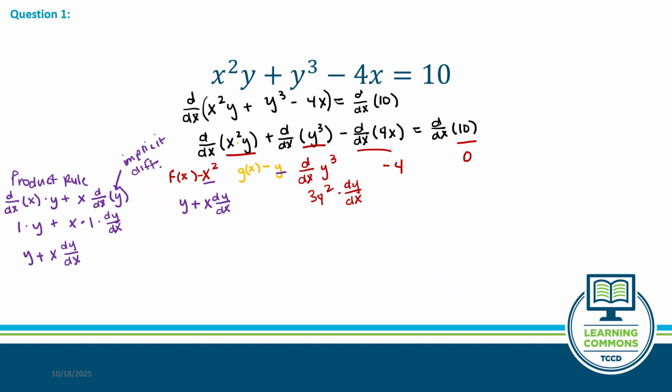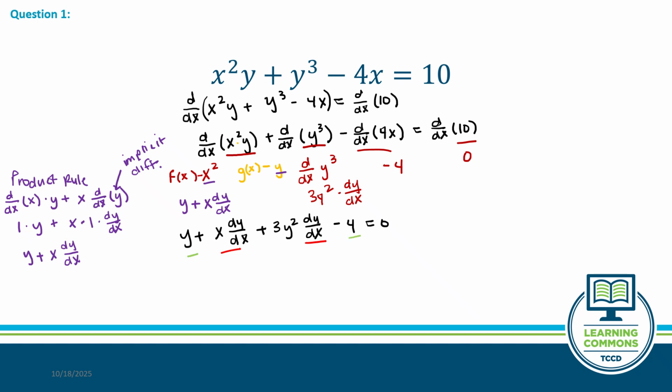So if I put it all together here, it's y plus x dy dx plus 3y squared dy dx minus 4 equals 0. Okay, so now I want to isolate. I want everything that's attached to dy dx on one side and everything that's not on the other side.